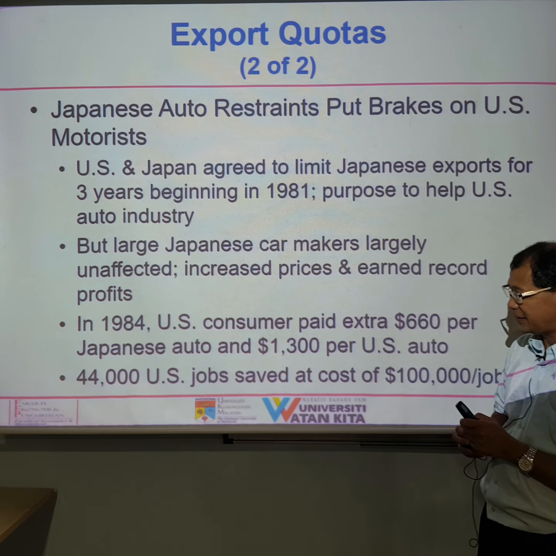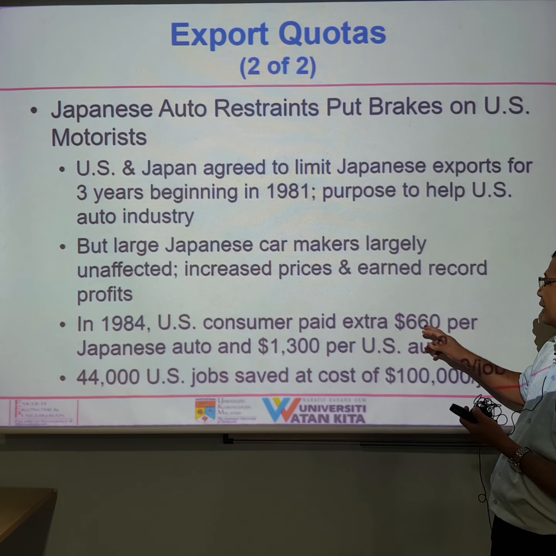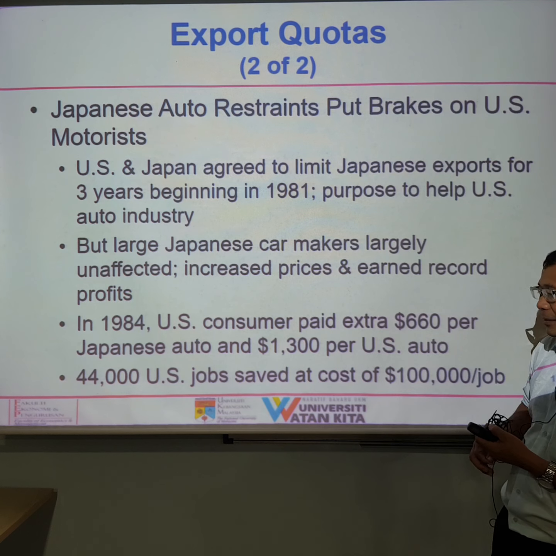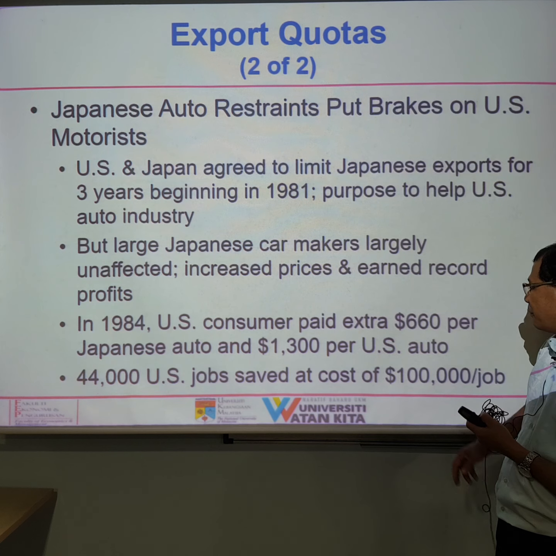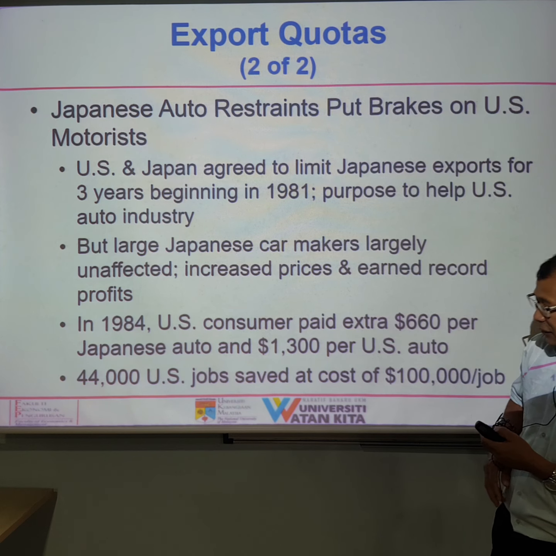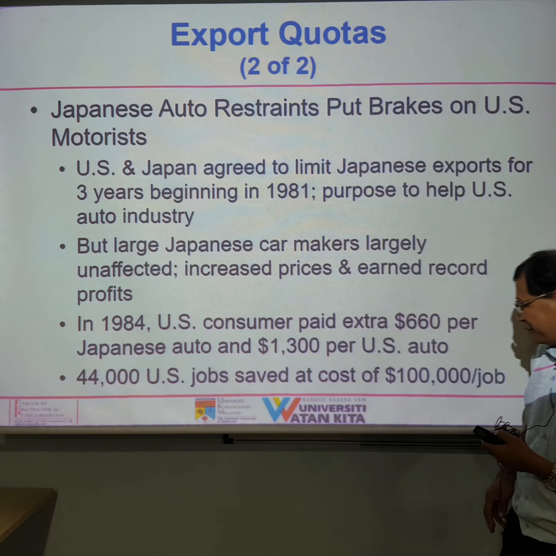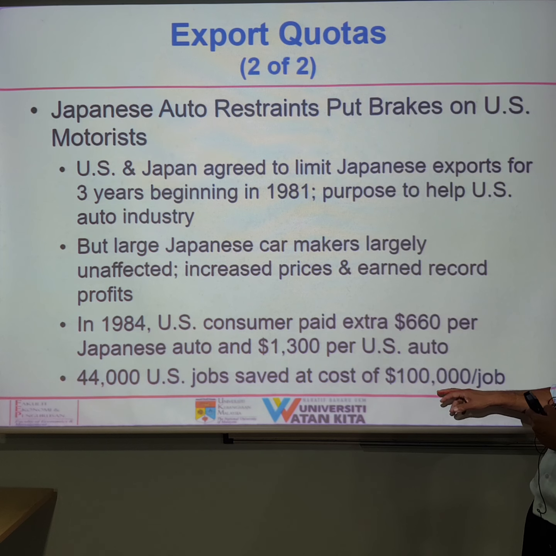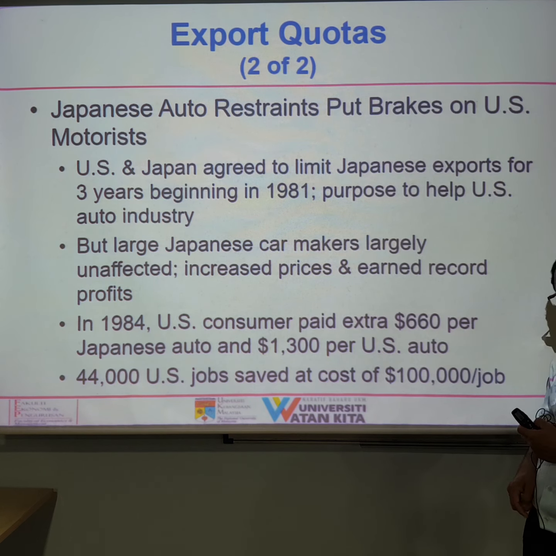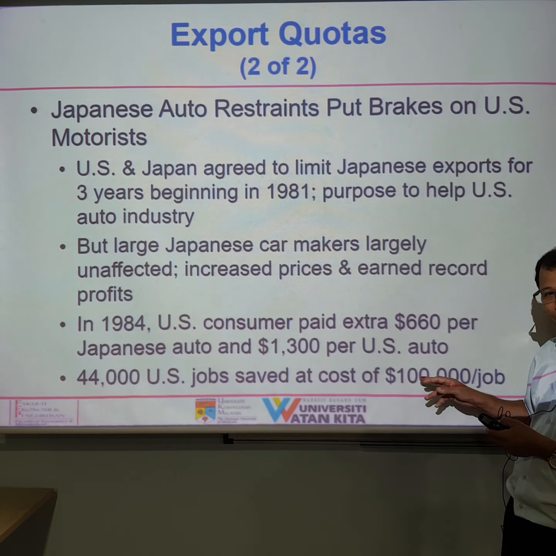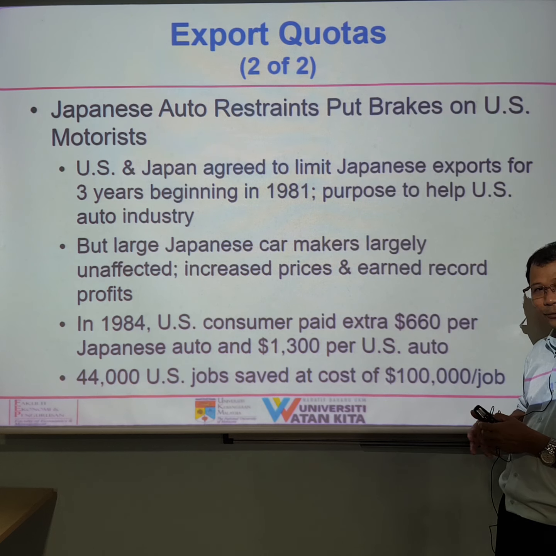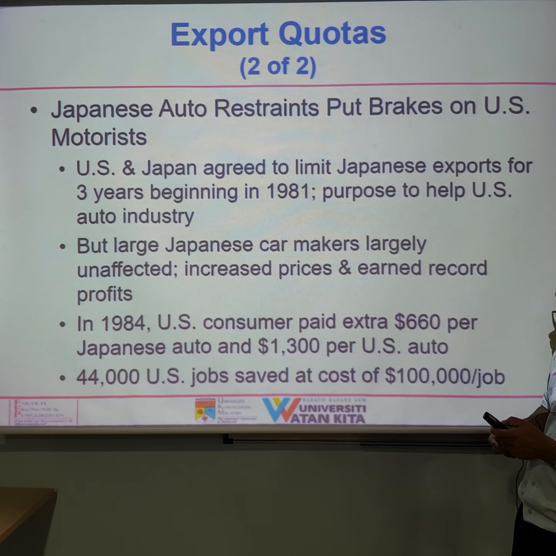In 1984, United States consumers paid an extra $660 per Japanese auto and $1,300 per U.S. auto. 44,000 U.S. jobs were saved at a cost of $100,000 per job. So that's a huge welfare cost to the society.